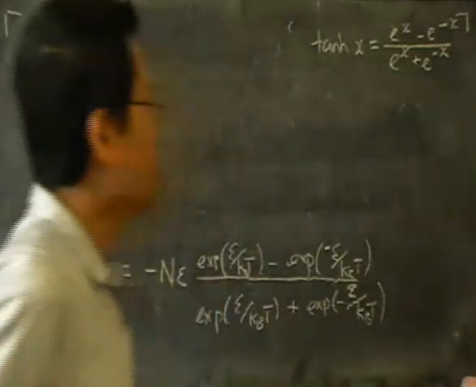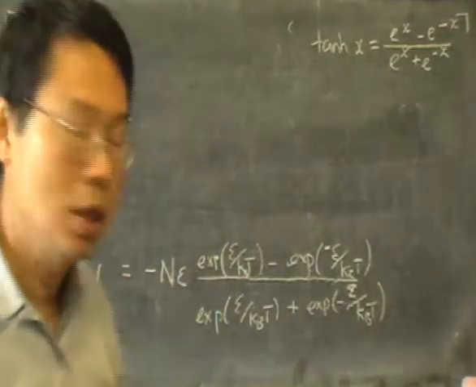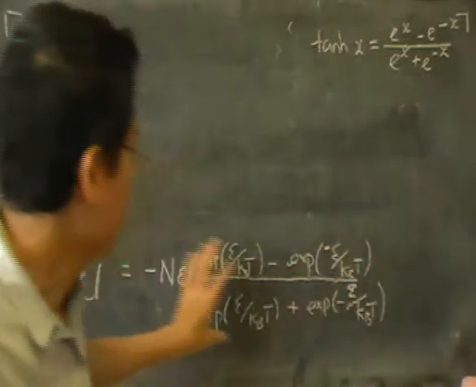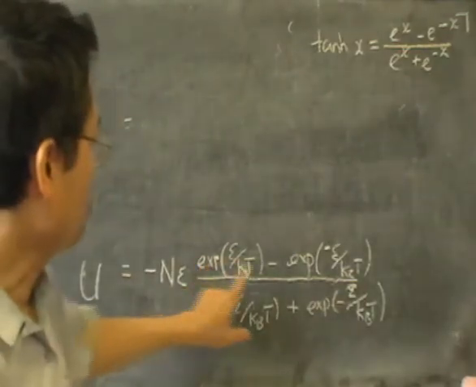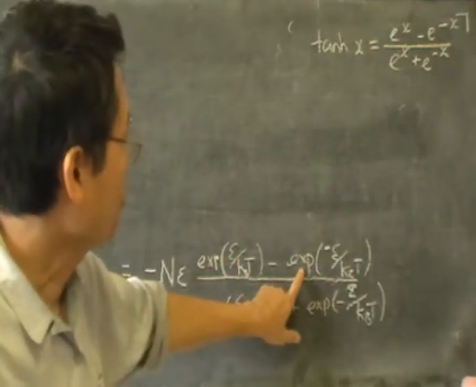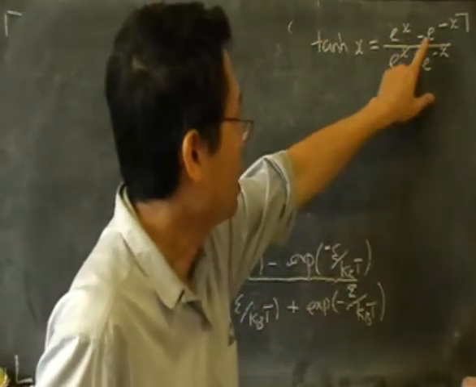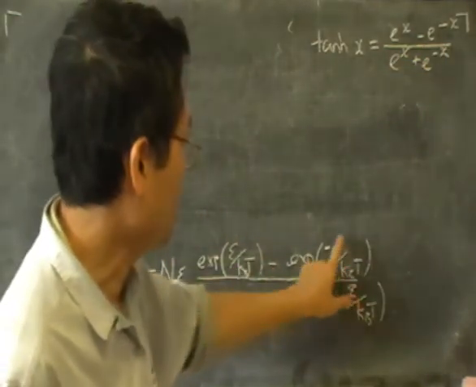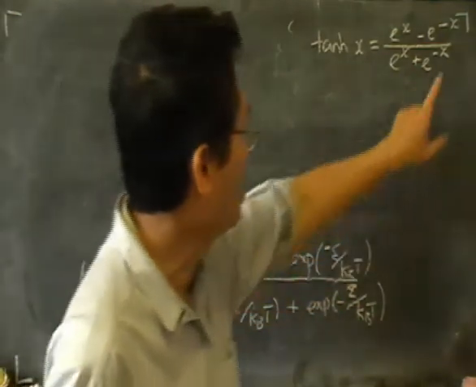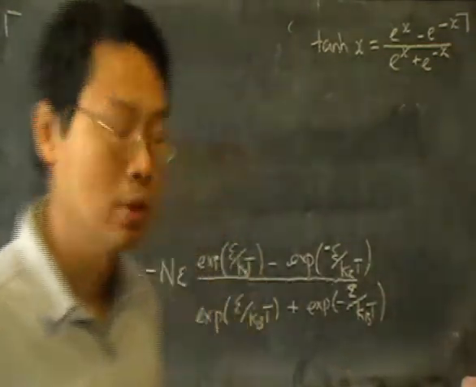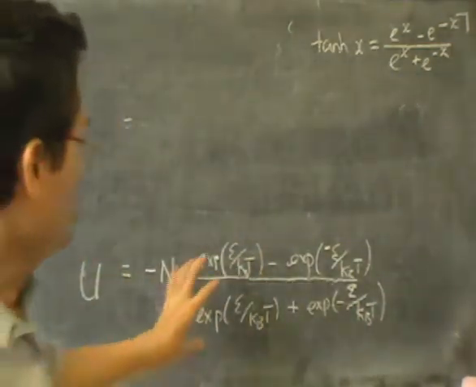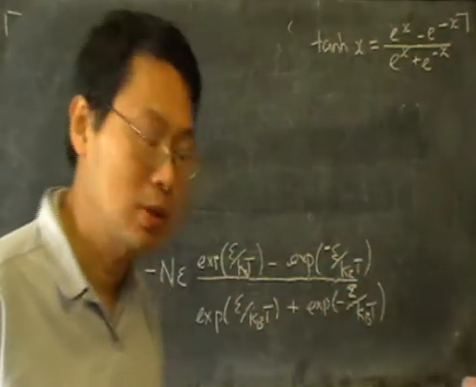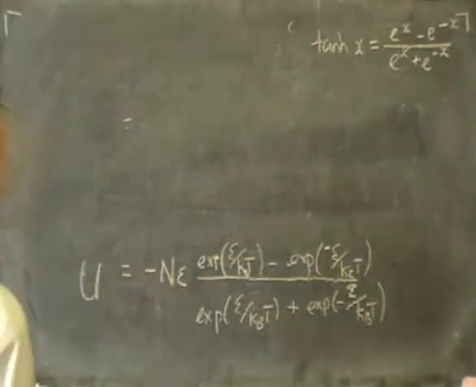So that's the formula for the hyperbolic tangent. Now if you compare that with that, you see the exponential minus exponential, and the arguments have opposite signs. So clearly this is just a hyperbolic tangent.